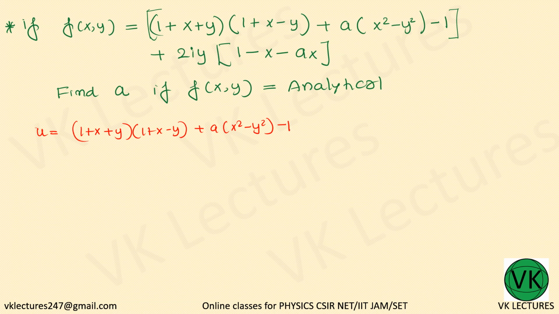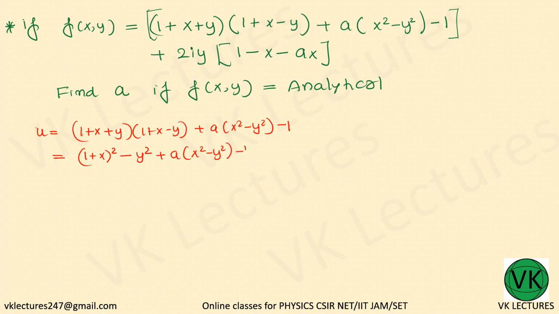Let's rearrange this: 1 plus x plus y and 1 plus x minus y is of the form a plus b into a minus b, so a square minus b square. That gives 1 plus x whole square minus y square plus a into x square minus y square minus 1.